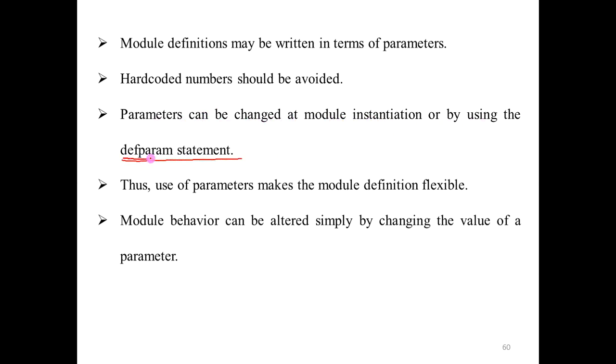Defparam is a keyword, remember. Its work is that you can define the parameter value anytime during the instantiation. Thus, use of parameter makes module definition flexible. So module behavior can be altered simply by changing the value of the parameter, so that wherever you have used that parameter name, everywhere that constant will be changed.